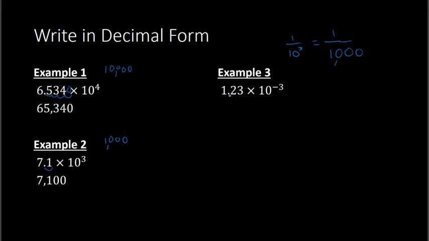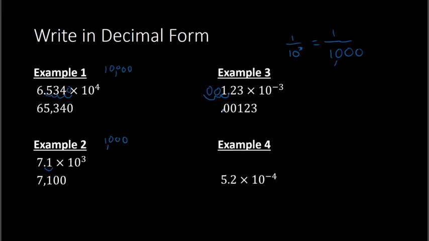So to make the number smaller, I need to move the decimal place to the left. And the distance is going to be 3 because the exponent here with the 10 is a 3. So move the decimal 3 places to the left. So over 1, and then 2 more after that would give me 2 zeros in the front. 1, 2. So my answer would be 0.00123.